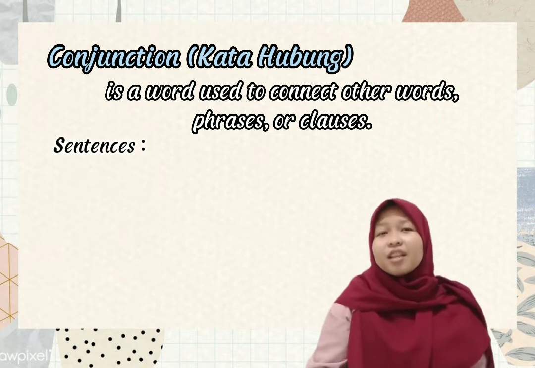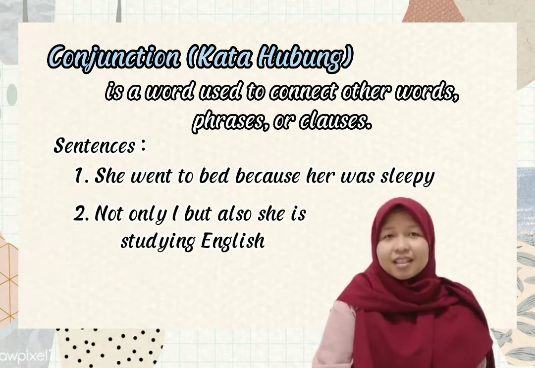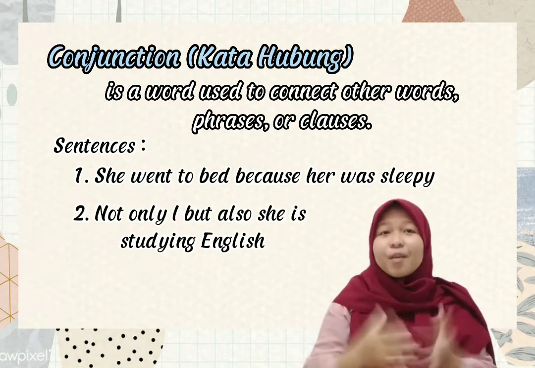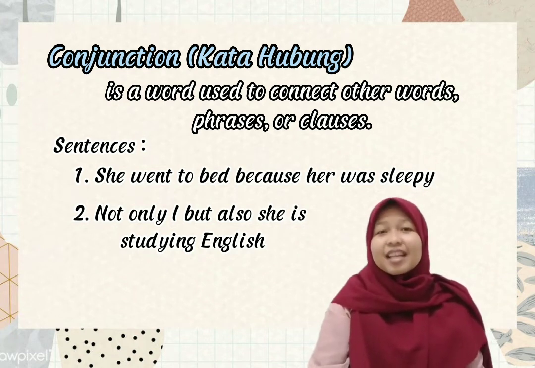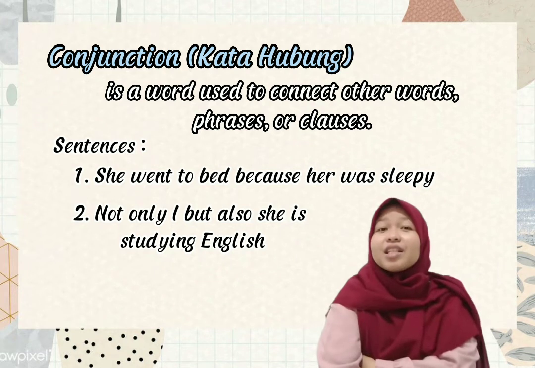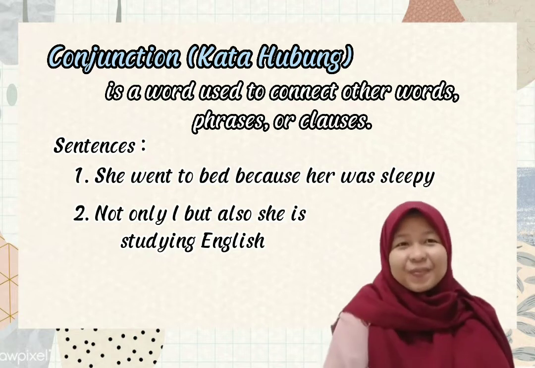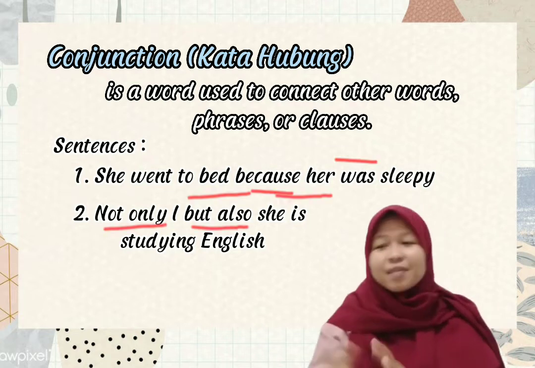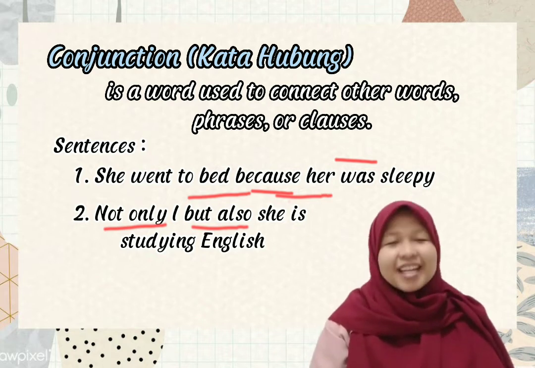The sentences of conjunction. She went to bed because she was sleepy. Not only I, but also she is studying English. Can you guess which one the word to be the conjunction? Good job! In these sentences, because and not only but also are the conjunction.